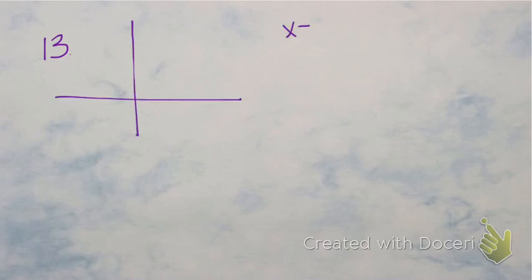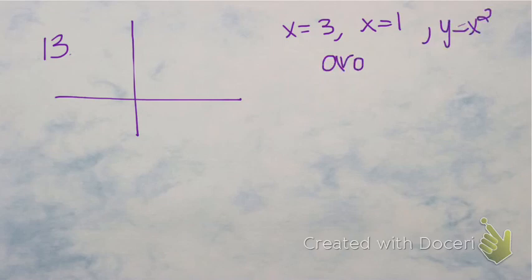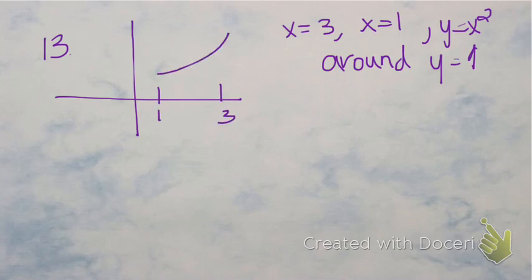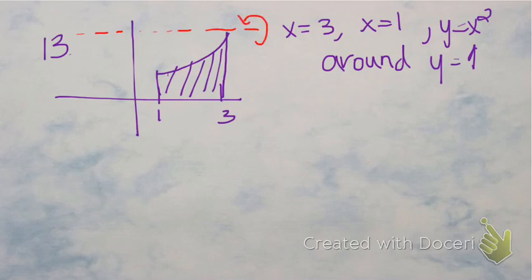Alright, so we have x equals 3, x equals 1, y equals x squared, and we want to go around y equals 9. Here's y equals 9.